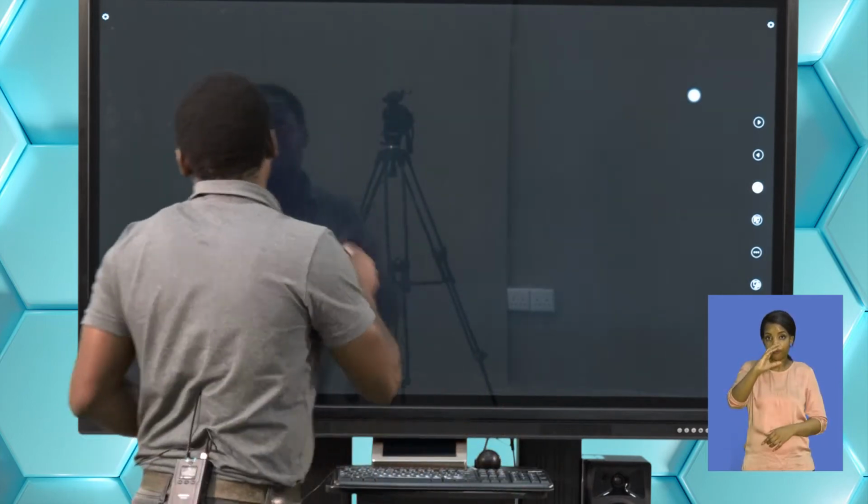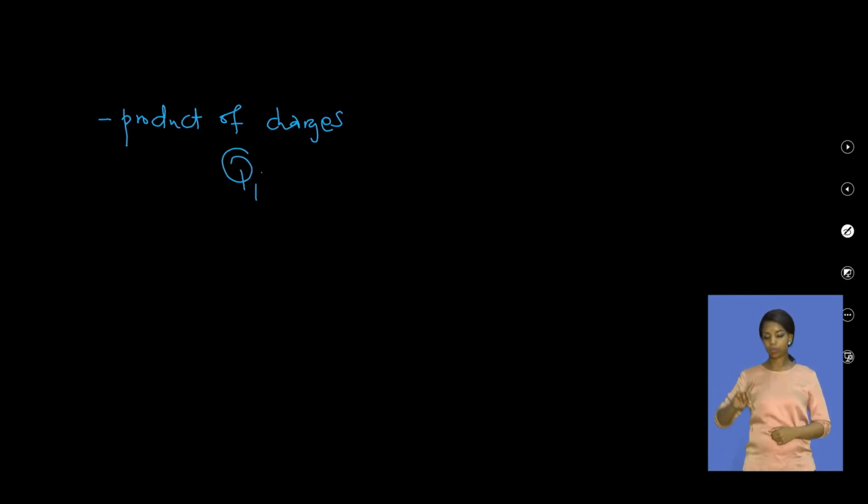So those physical quantities can either be, one, the product of charges, right? Say for argument's sake, we've got Q1 and Q2. Product is the multiplication, Q1 multiplied by Q2. So this is what we refer to as the product of charges.